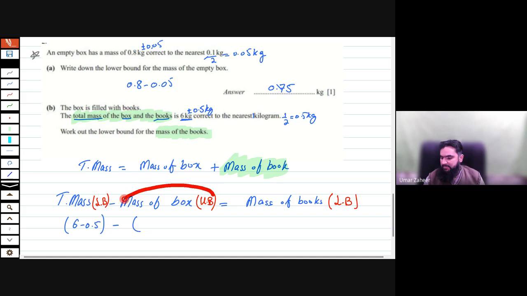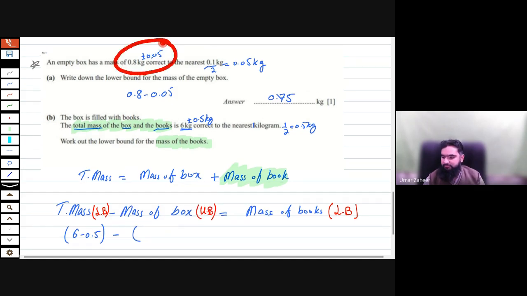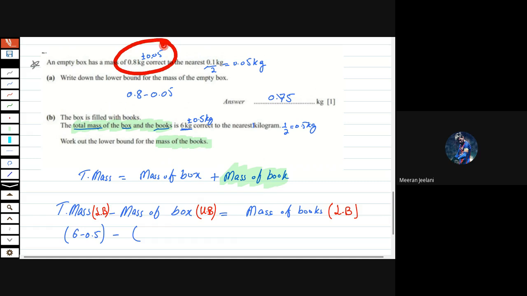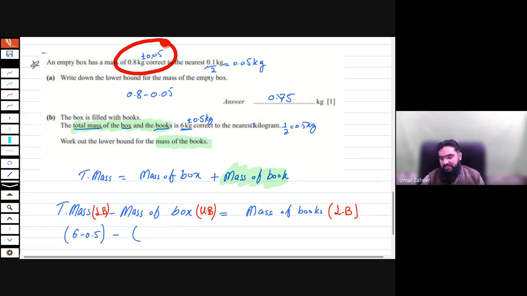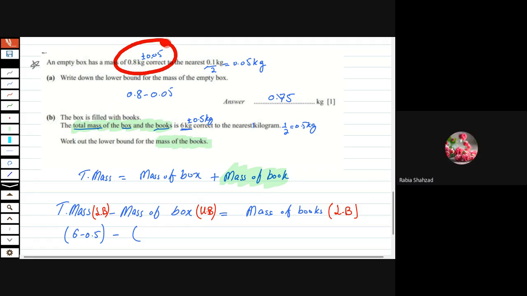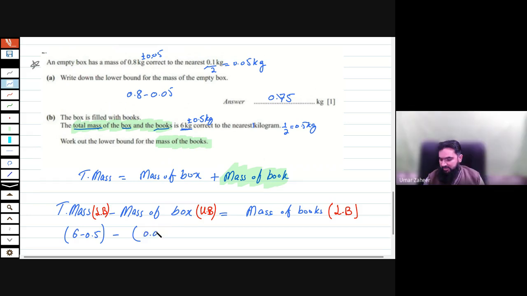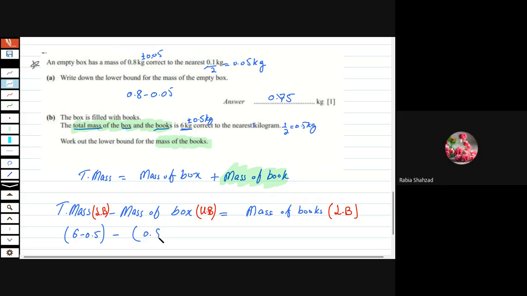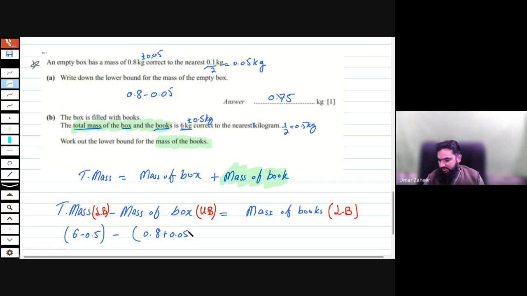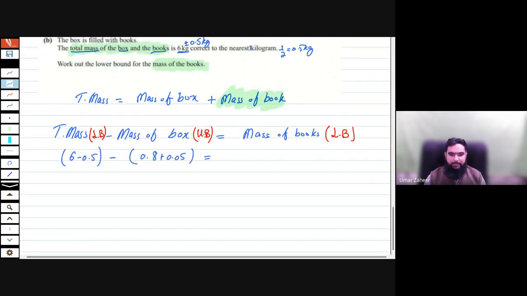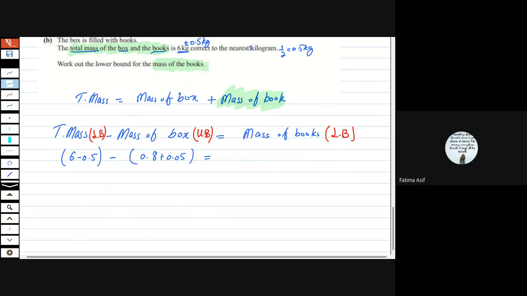Next, the mass of the box. The mass of the empty box is given as 0.8. We have to take the upper bound, so 0.8 plus 0.05 gives 0.85.